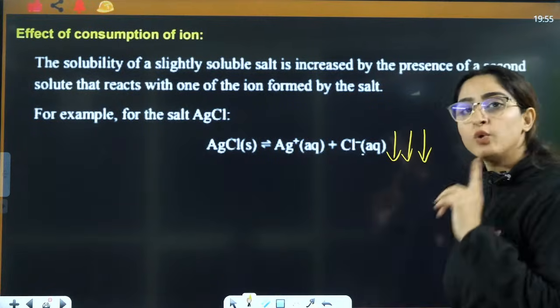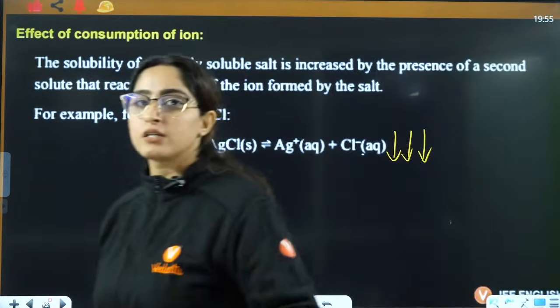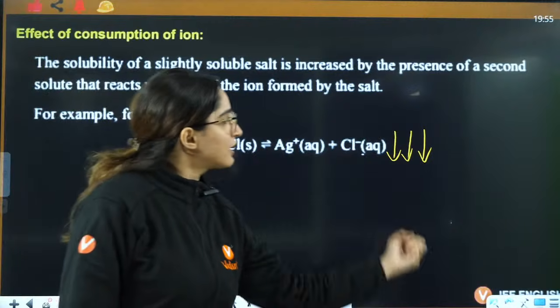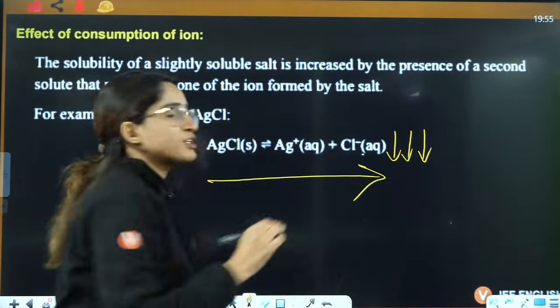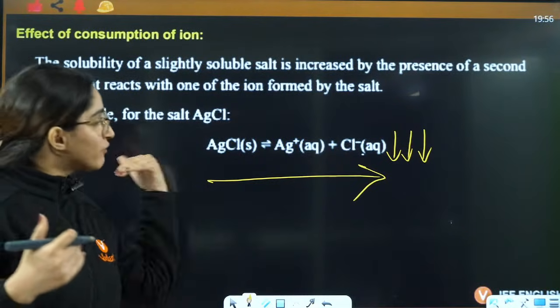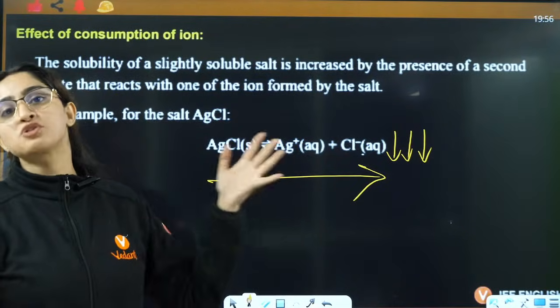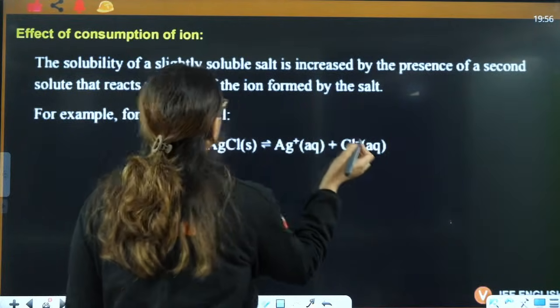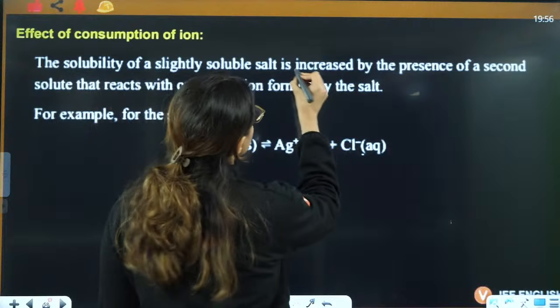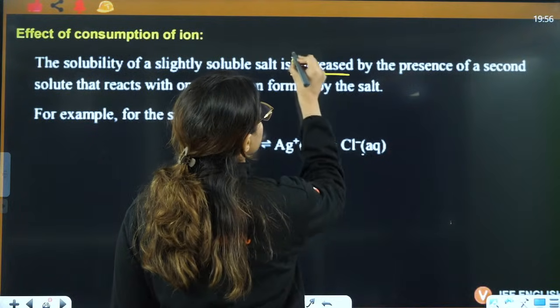According to Le Chatelier's principle, whenever the concentration is decreasing, it will try to increase it. It will move in the forward direction. So solubility will increase, more dissolution will be there, right?